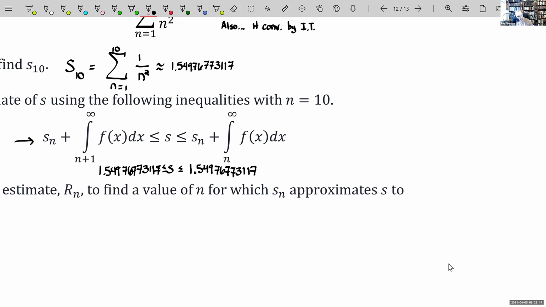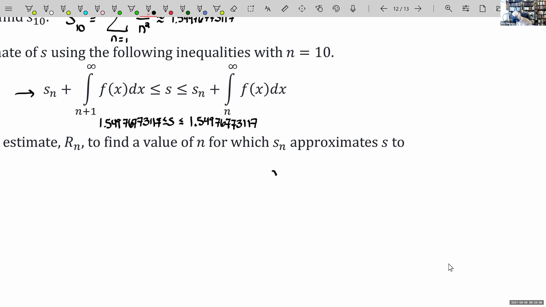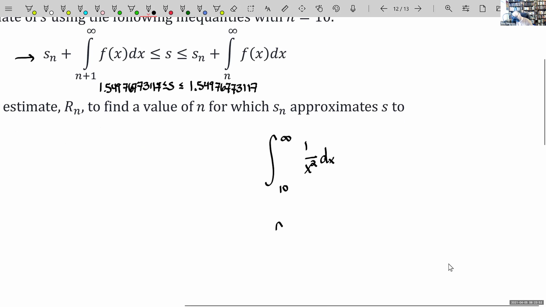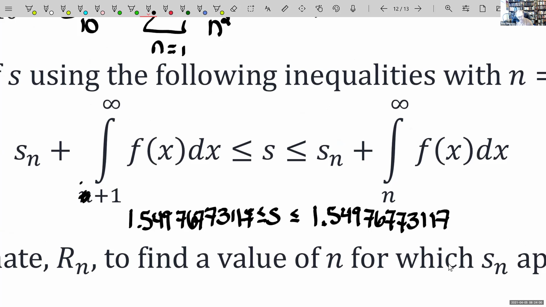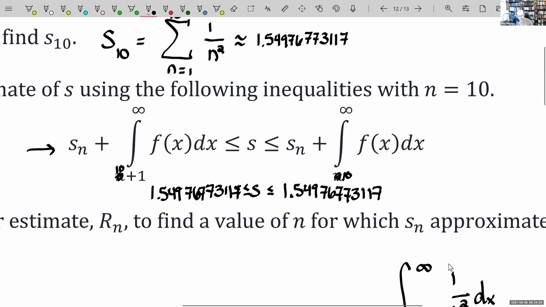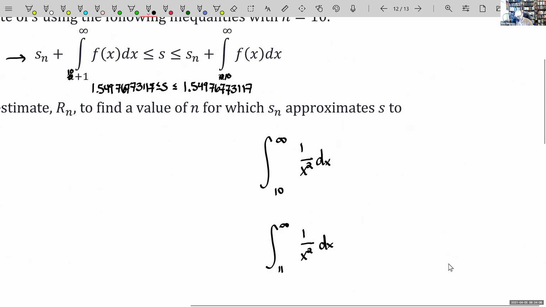So we want to take a look at the integral from 10 to infinity of 1 over x squared dx, and the integral from 11 to infinity of 1 over x squared dx, because that's what these two integrals are here. It should make sense, by the way, that the integral from 11 to infinity is less than the integral from 10 to infinity because it's less area.